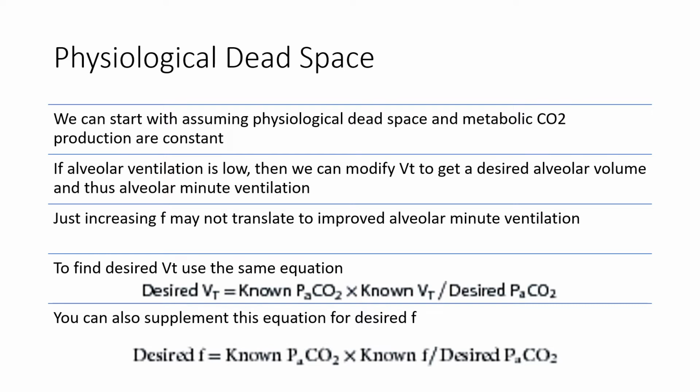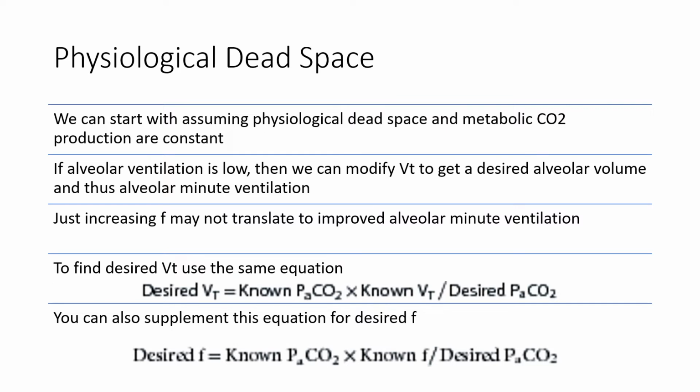So that can change, but most of the time we're just going to assume physiologic dead space and metabolic CO2 production are constant when we're making vent changes. But understand too, if that changes, their baseline CO2 production can change as well.